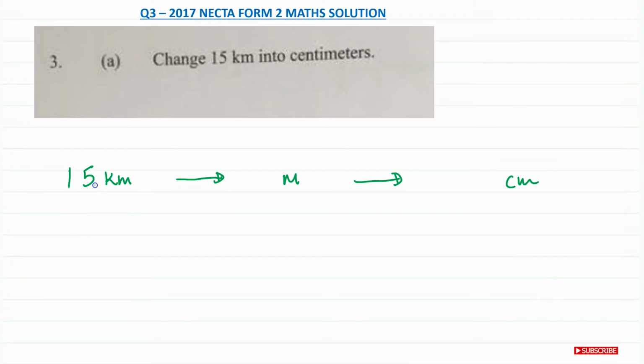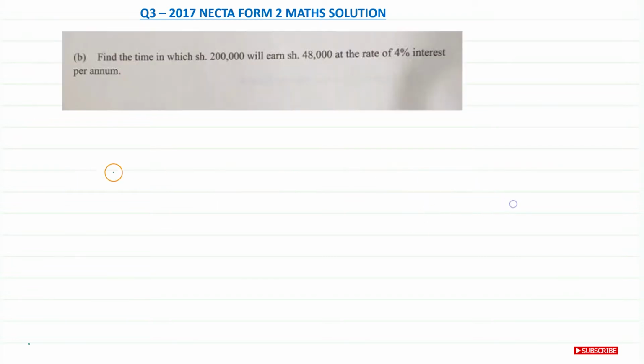So we need to multiply by 1,000, and that is going to give us 15,000 meters. Now from meters we need to move on to centimeters. 1 meter has 100 centimeters, so we need to multiply by 100, and now we get 1, 5, and 5 zeros. And that's the answer for 3a.